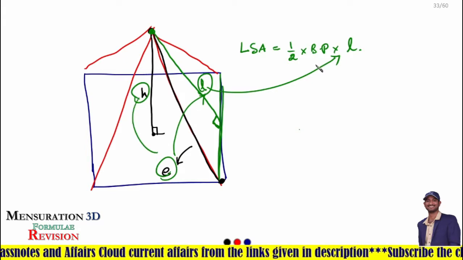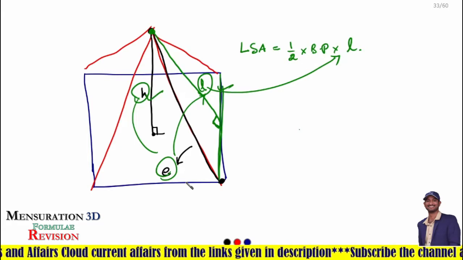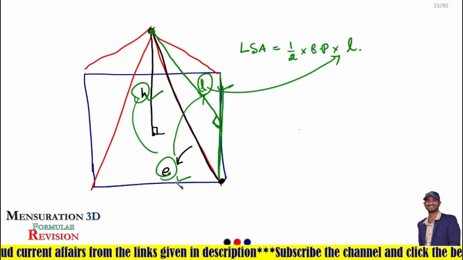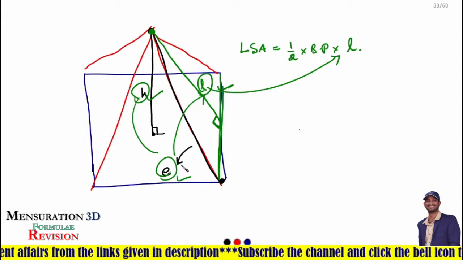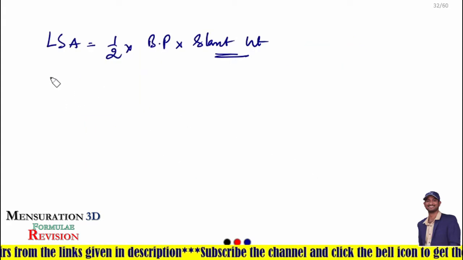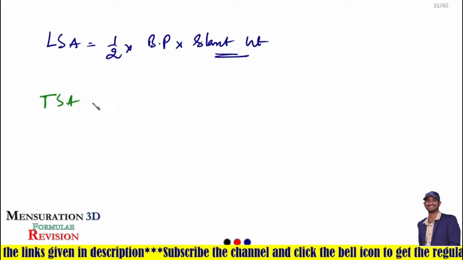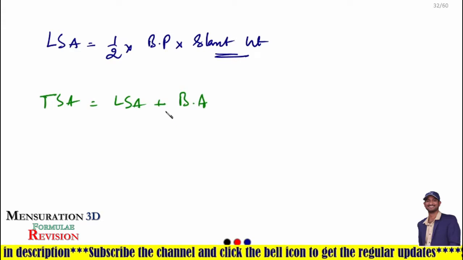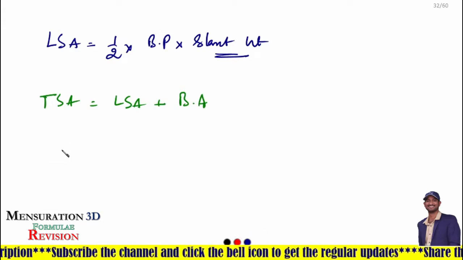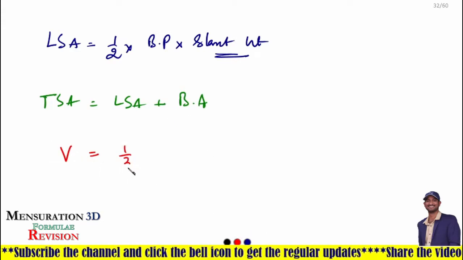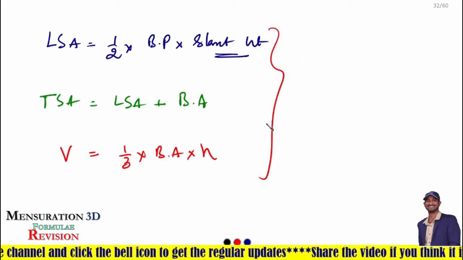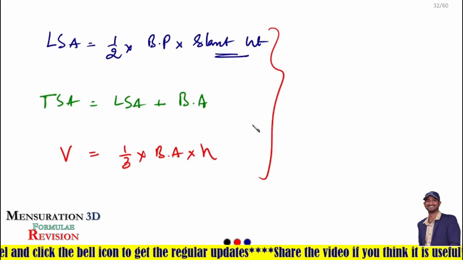I will tell you the relation between H, L and E. Okay, don't worry. Next, coming to the formulas: total surface area equals lateral surface area plus only one base area of the polygon. Next, volume equals 1/3 into base area into height. So these are the basic formulas in pyramids.